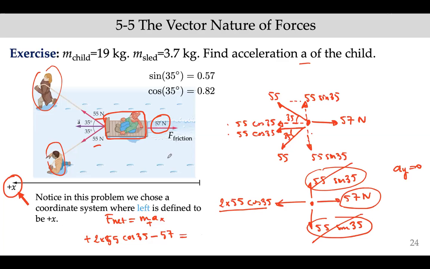Now, what is the mass? The mass is the child plus sled. So it's going to be 19 plus 3.7. And now the acceleration. So basically calculate the cosine of 35, do the multiplication, and then finally divide both sides with this 22.7. And that will give you the acceleration of the child and the sled, which will be in the left direction, which is shown here.